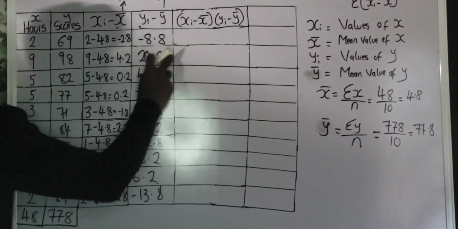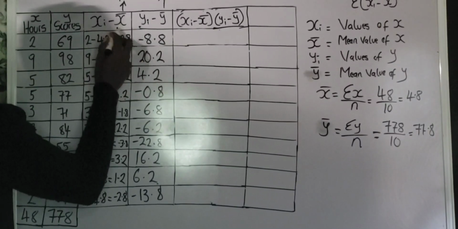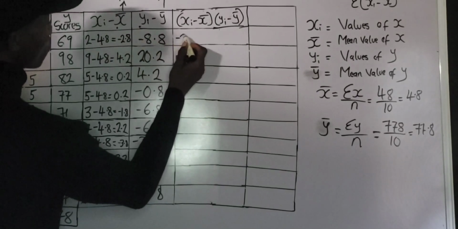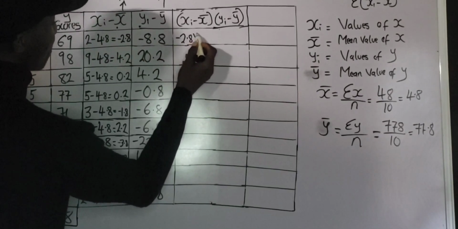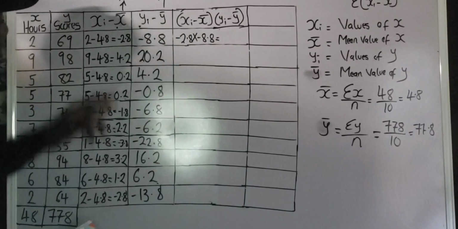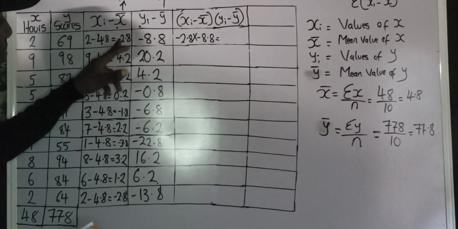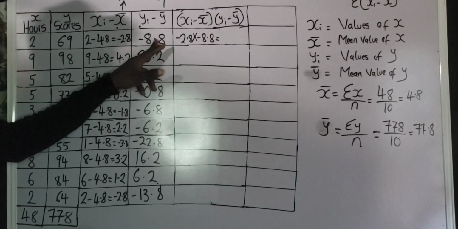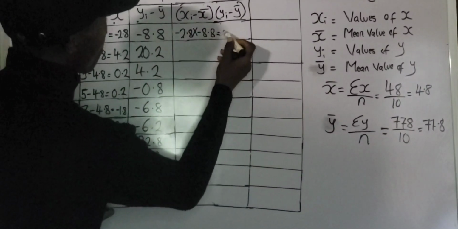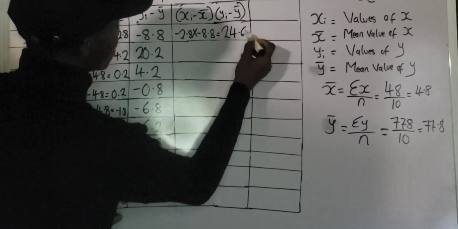So now let's take the product of these cells and these cells. For this place, I'm going to have minus 2.8 multiplied by minus 8.8. That is the product of what we have here multiplied by what we have here. If you punch your calculator, you are going to get 24.64.